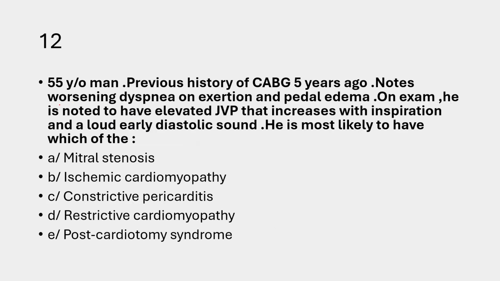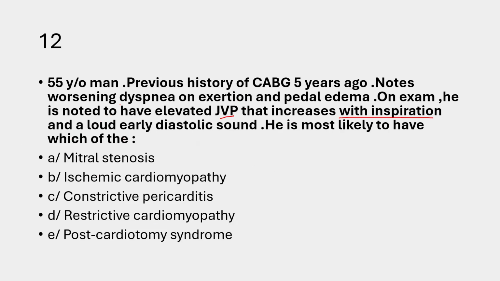A 55-year-old man, previous history of CABG 5 years ago, notes worsening dyspnea on exertion and pedal edema. On exam, he is noted to have elevated JVP that increases with inspiration, so that speaks about Kussmaul sign.